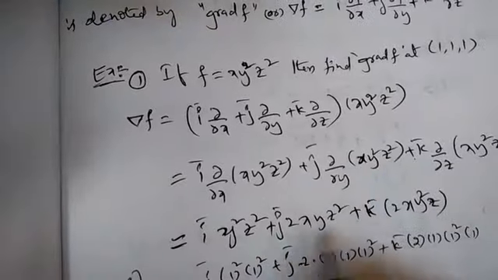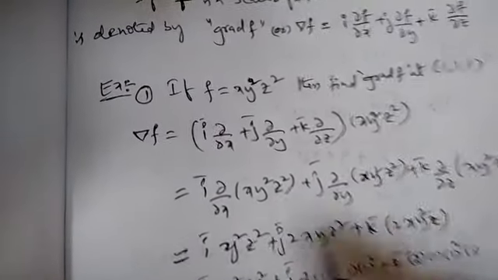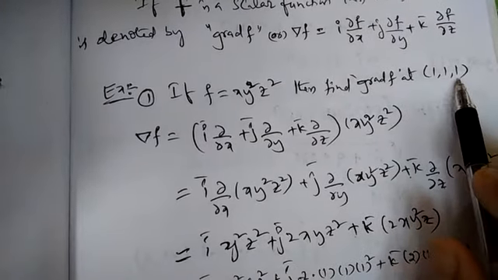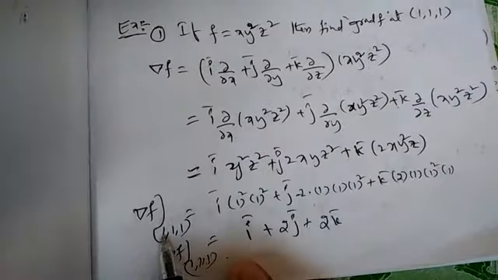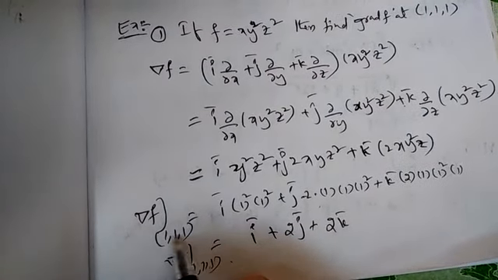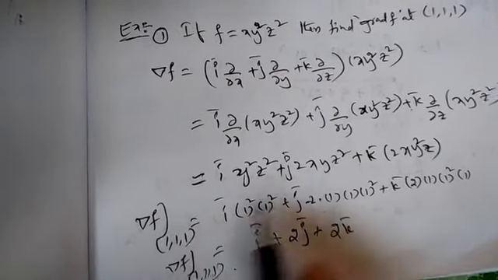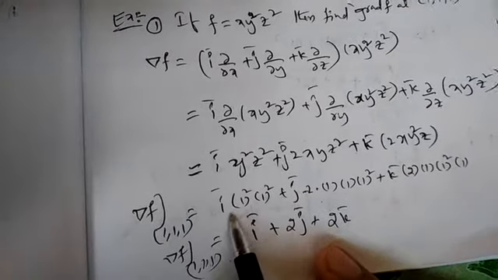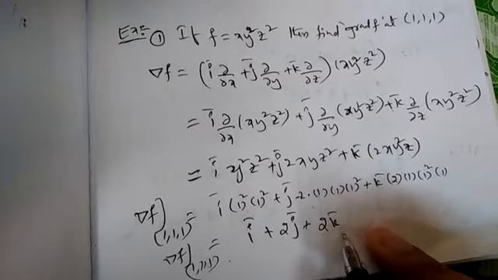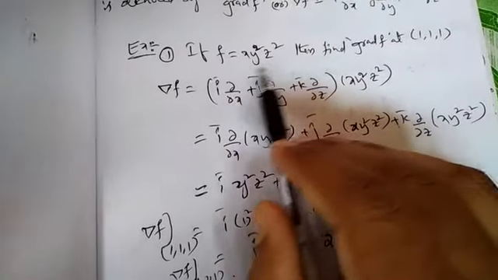Now this is del f, the gradient of f. They asked to find it at the point 1, 1, 1. Substitute x as 1, y as 1, z as 1 here. You get i plus 2j plus 2k. This is the way to find the gradient of a scalar function.